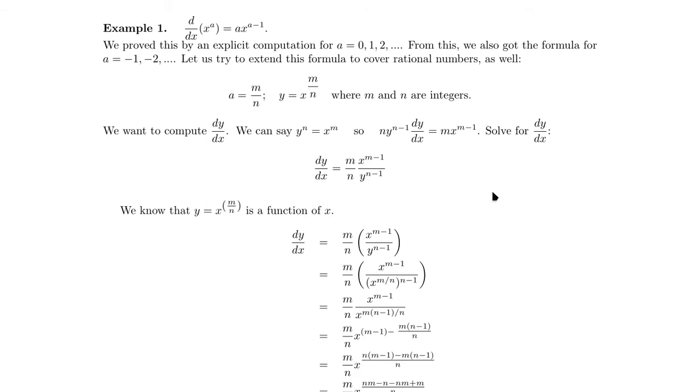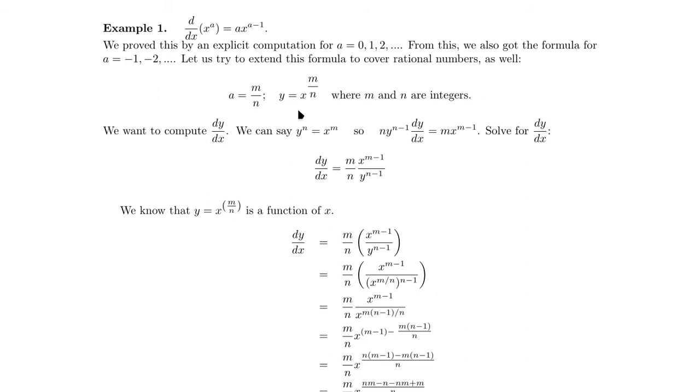Well, we first try to see what it means for the identity to look like when a is a rational number. So we take a rational number a as m over n. Then we write y is equal to x to the power m over n, where m and n are integers. Now you want to compute dy over dx, the derivative.